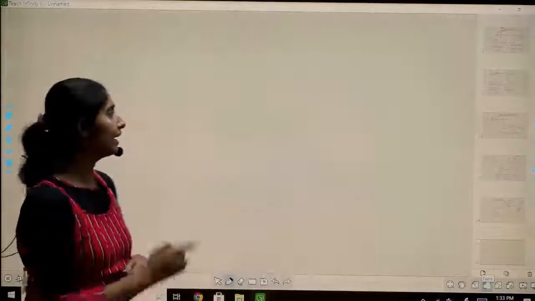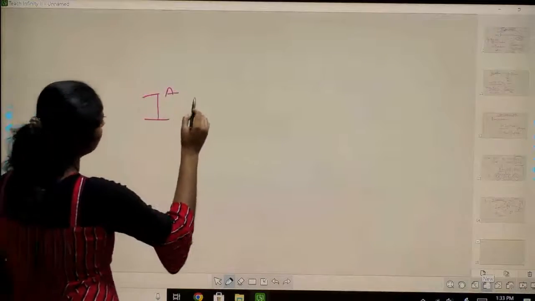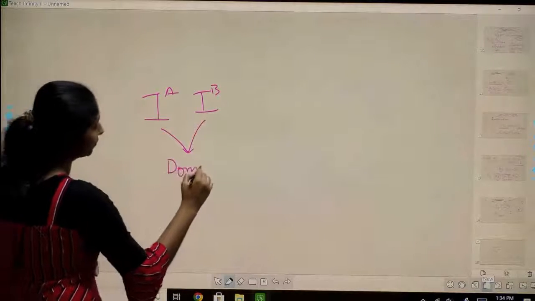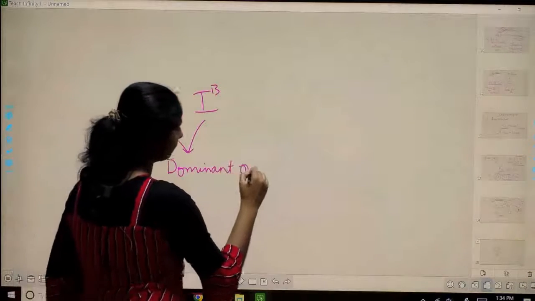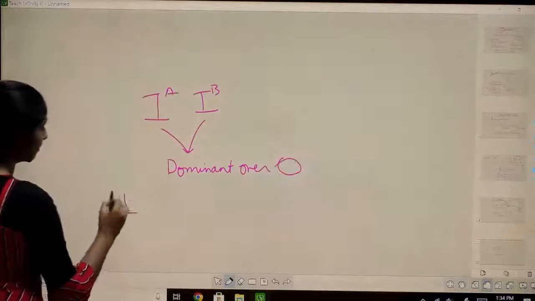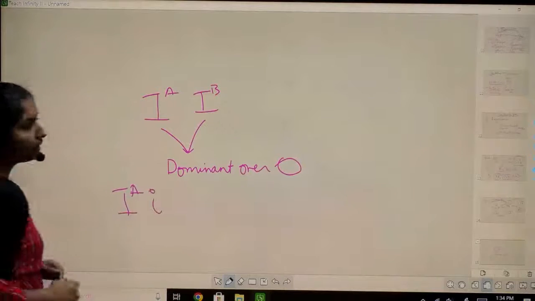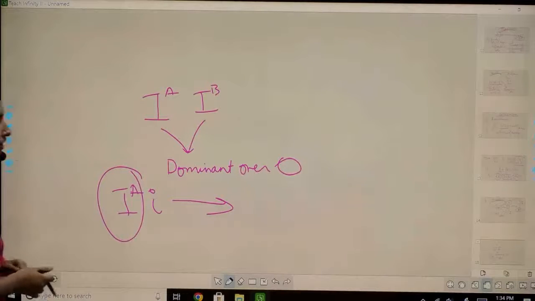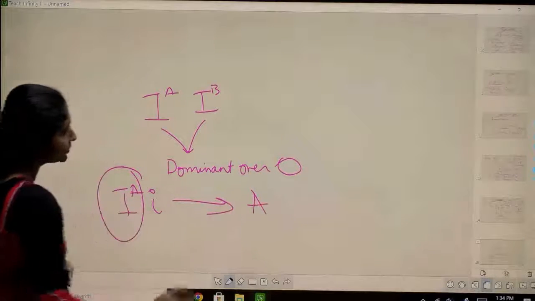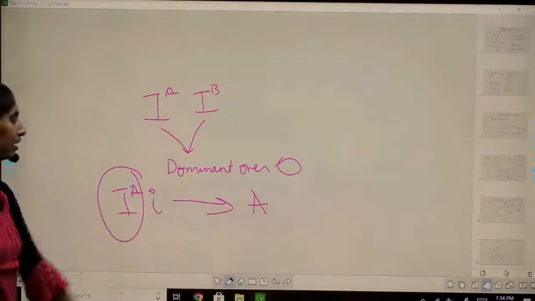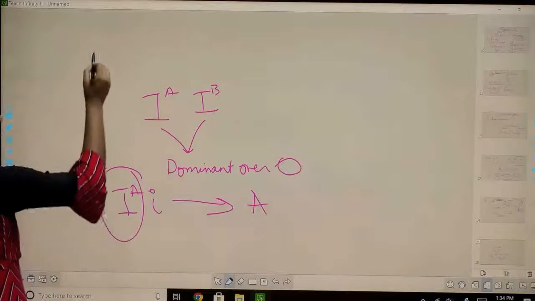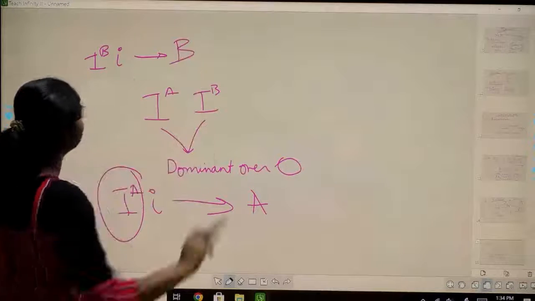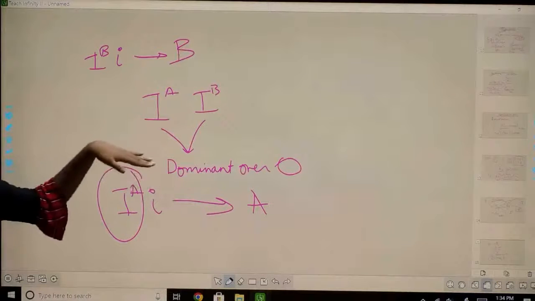Both IA and IB are dominant over O, meaning that when they are present along with the O allele, that particular allele is going to express itself. For example, antigen A would be added, so the person would have A blood group. Similarly for B as well. B is also completely dominant over the i recessive allele.